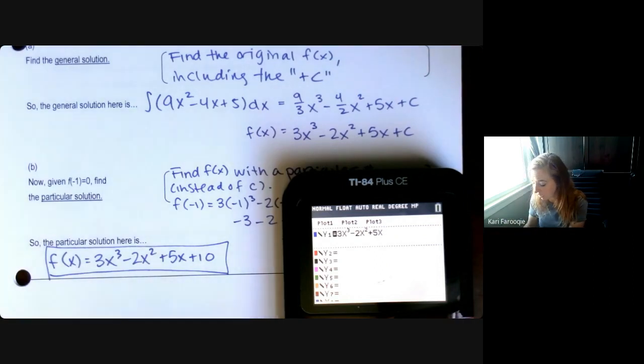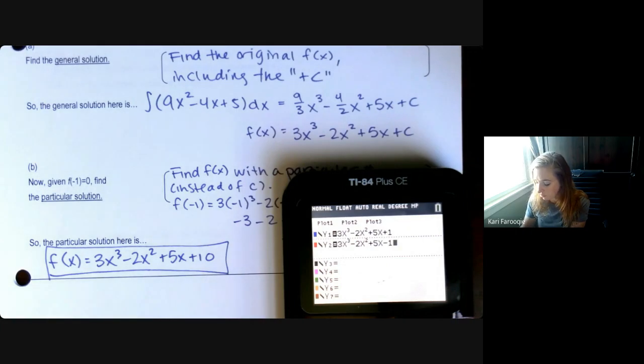So let's say maybe it's +1. And you can do this over and over again and create basically this family of curves. Plus 5x. You could say maybe C is -1.